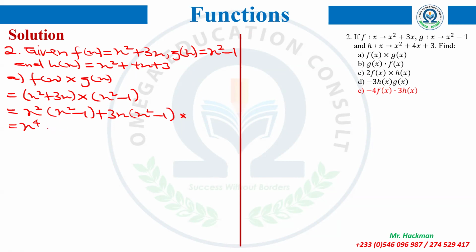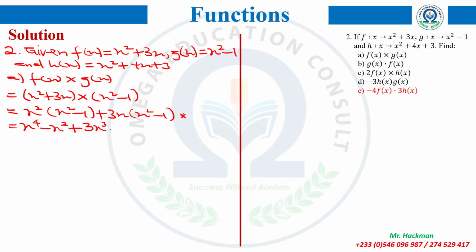So I will get x squared times minus 1, that will give me minus x squared. Then 3x times x squared, that will give us, help me, 3x cubed, x to the power 3.